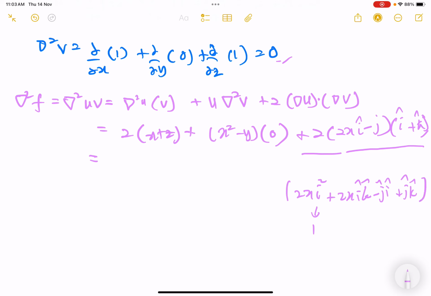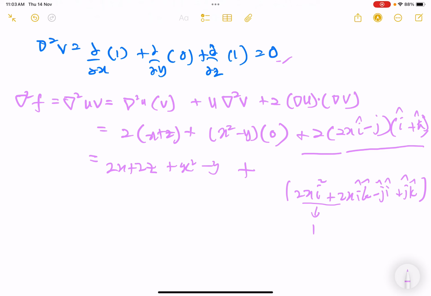So this part is unsolvable. I mean, we cannot simply solve it because we have a component on x. I'm not sure whether I can simplify, but it seems the nabla is quite long here. This should be 2x plus 2z plus x squared minus y. It is quite a long equation.